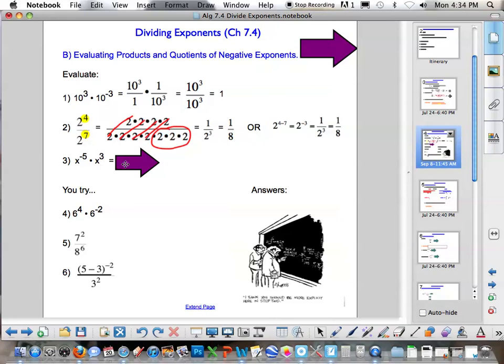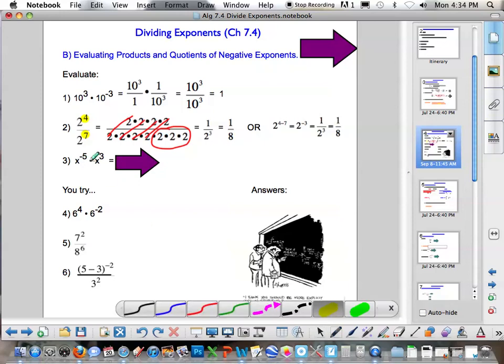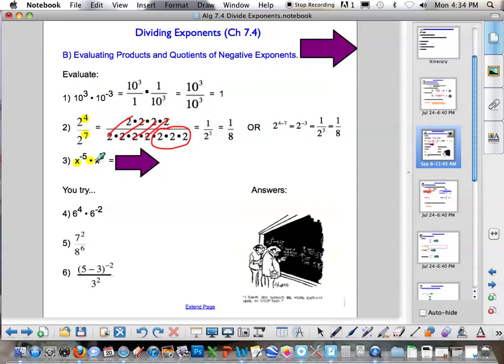Let's do it the quick way from the start. It's a problem of multiplication, and my bases are the same. I have x and x. What can I do with these exponents? I can add them. I have x to the negative 5 plus 3. Negative 5 plus 3 is going to give you x to the negative 2.